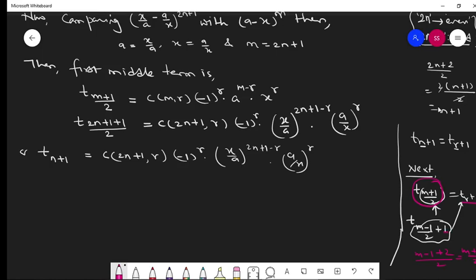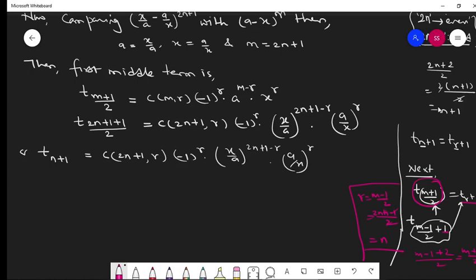So while comparing this way, r is (m-1)/2, and what is the value of m? m is 2n+1. So (2n+1-1)/2 gives n. So we can find r equal to n by both processes.